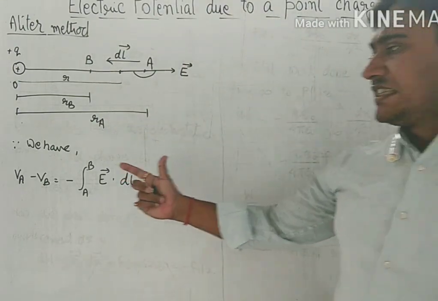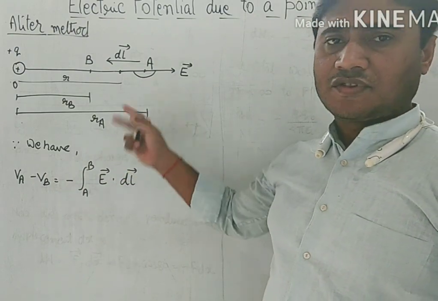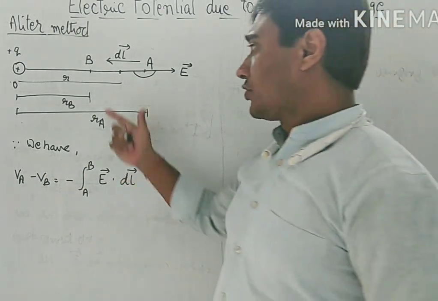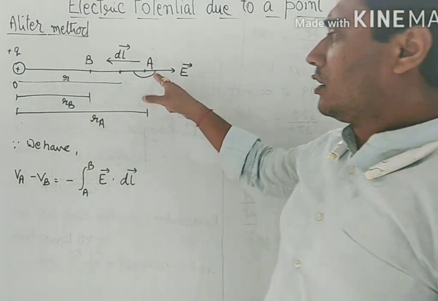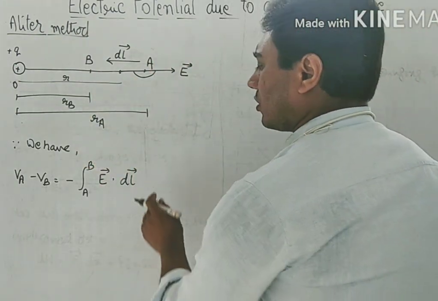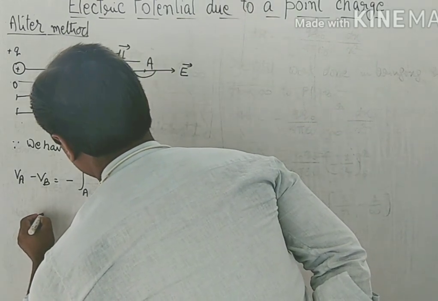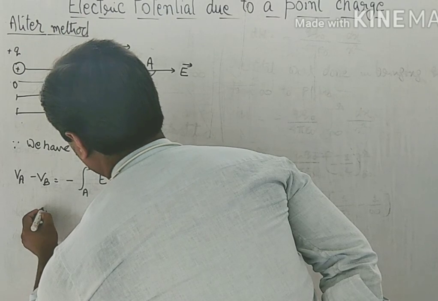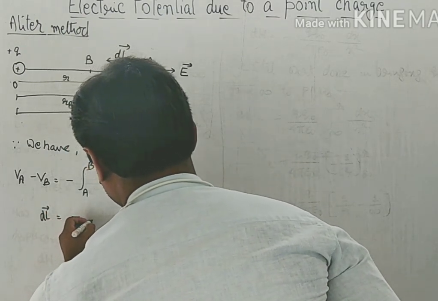This is basically the potential difference that we derived in the previous lecture between 2 points inside the electrostatic field. So now here this dl is just equal to minus of dr.